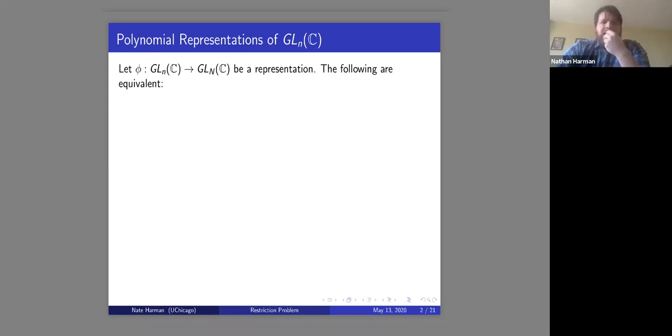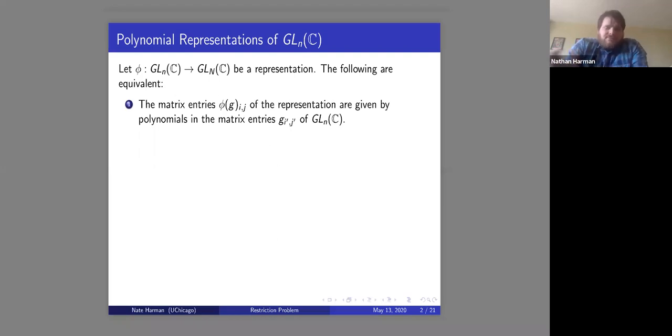This is a condition that I think in algebraic combinatorics, we always assume that all representations are polynomial, but it's really an extra condition. So I want to be explicit about it. The first way of formulating it is that the matrix entries of the representation are polynomials.